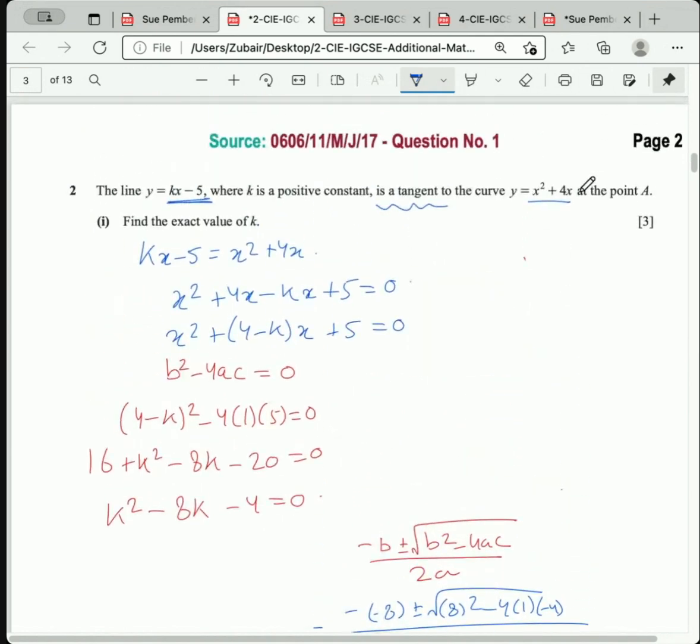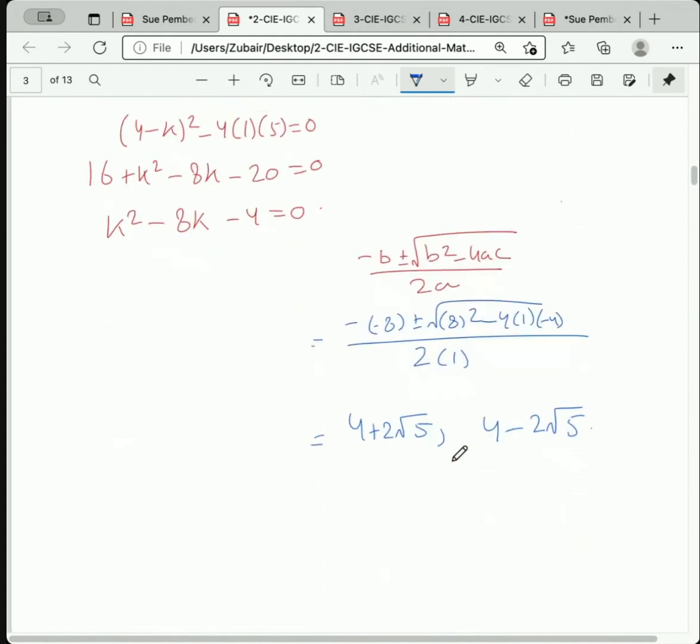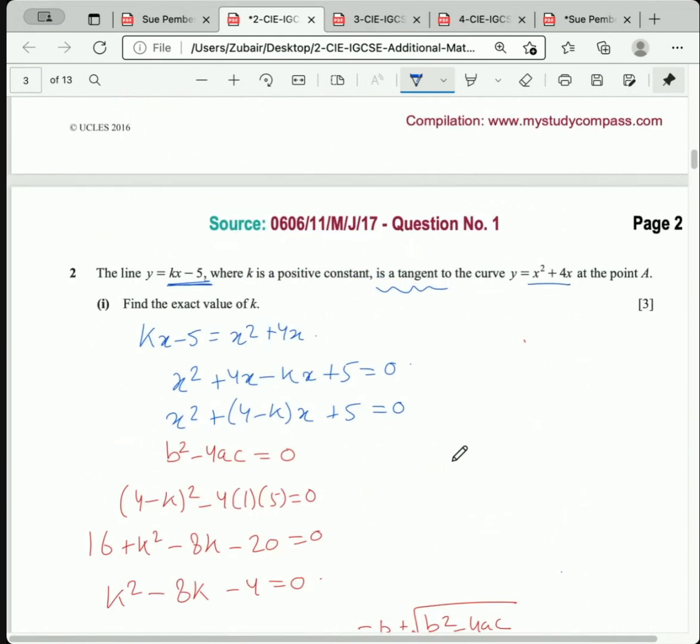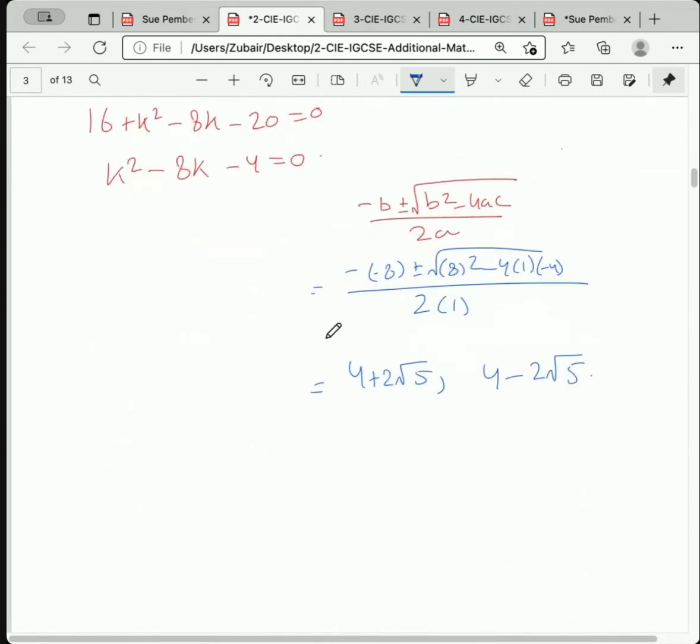We needed the exact value of k, so this is it, where k is a positive constant. So this one's rejected. K is equal to 4 plus 2 square root 5.